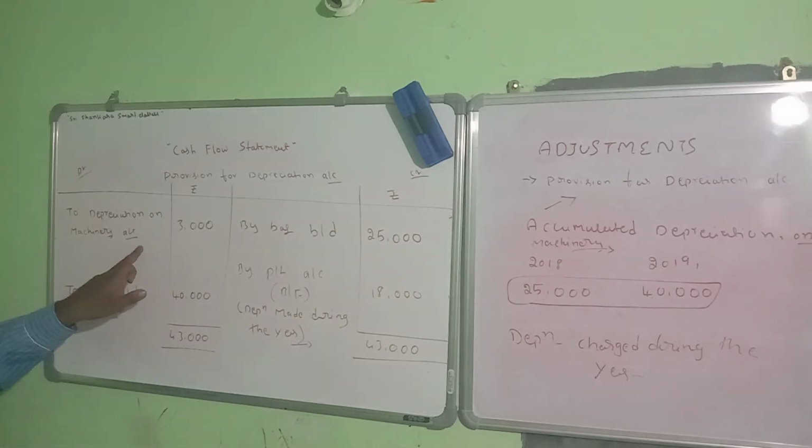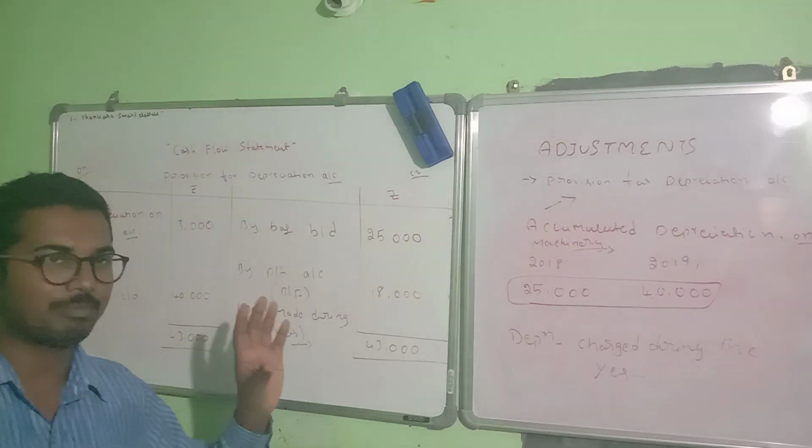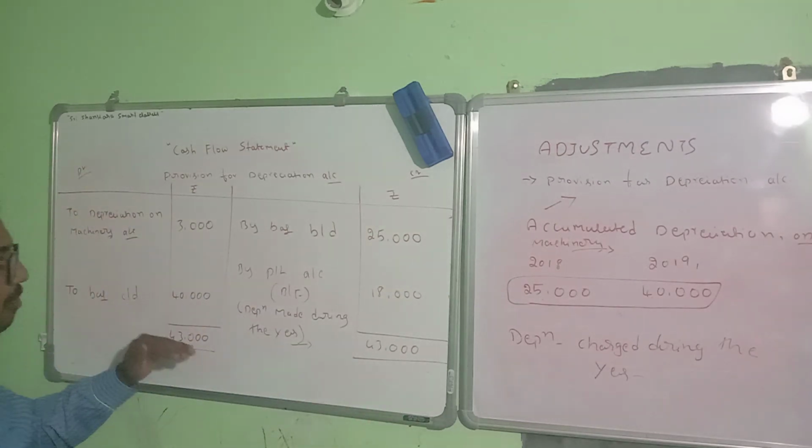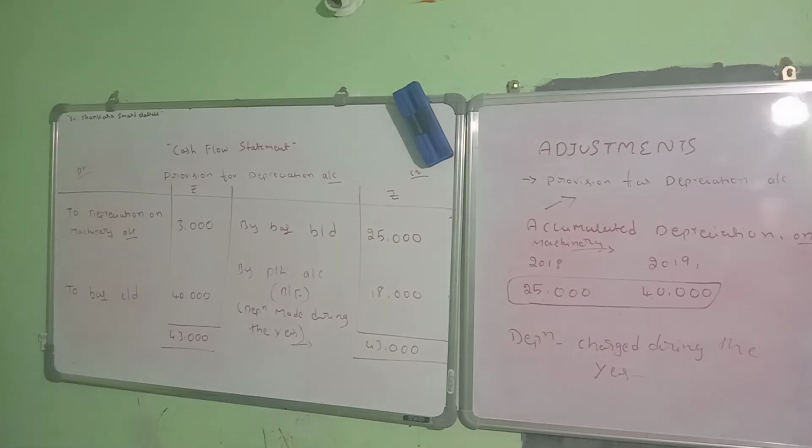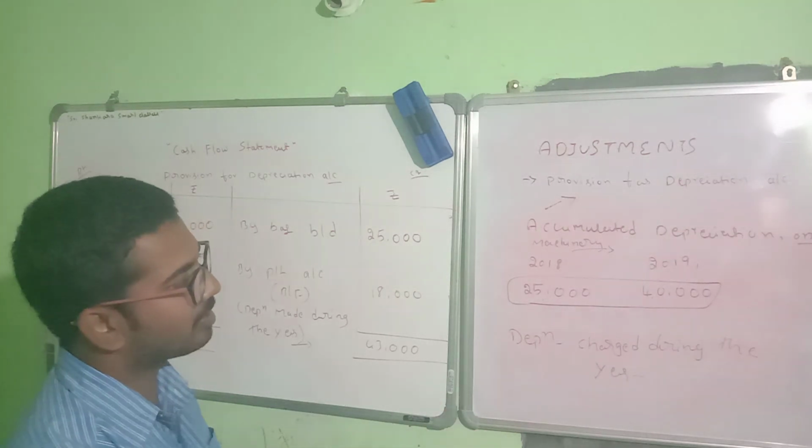At that time you should find how much exactly is the depreciation charge and the sold part of the machinery. So two things: if they have given depreciation on the particular part of the machinery and it gets tallied, no problem. If not, you will get depreciation made during the year. At the same time, next you should prepare the plant and machinery account.